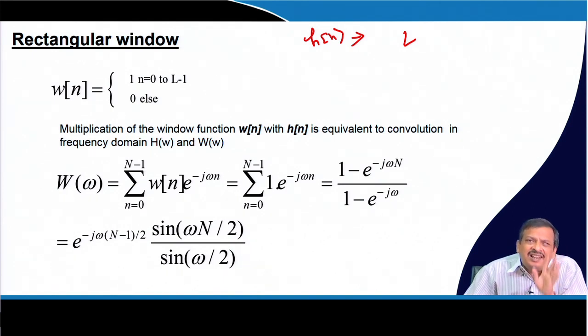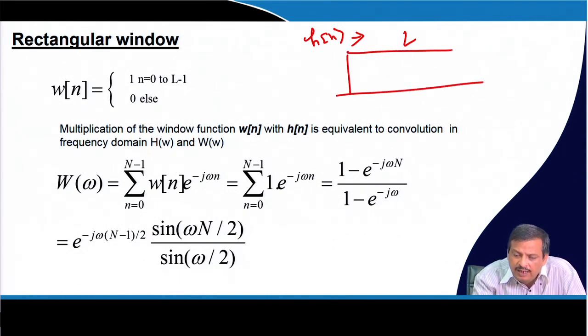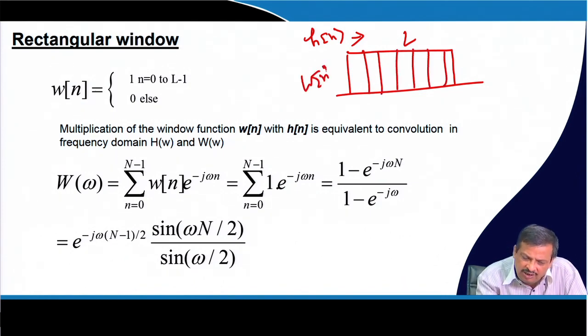Okay. Let us say rectangular window. What is the rectangular window? Rectangular window means up to L the impulse response is 1. So, this is the impulse response of w of n, it is not the frequency response, it is the impulse response.